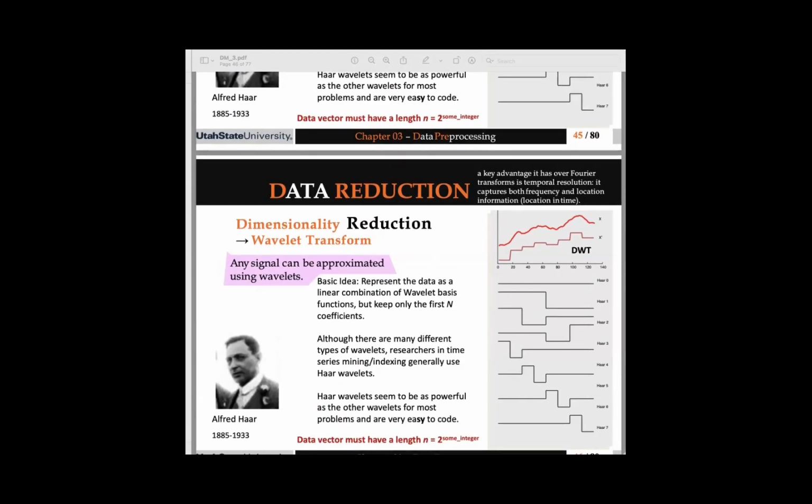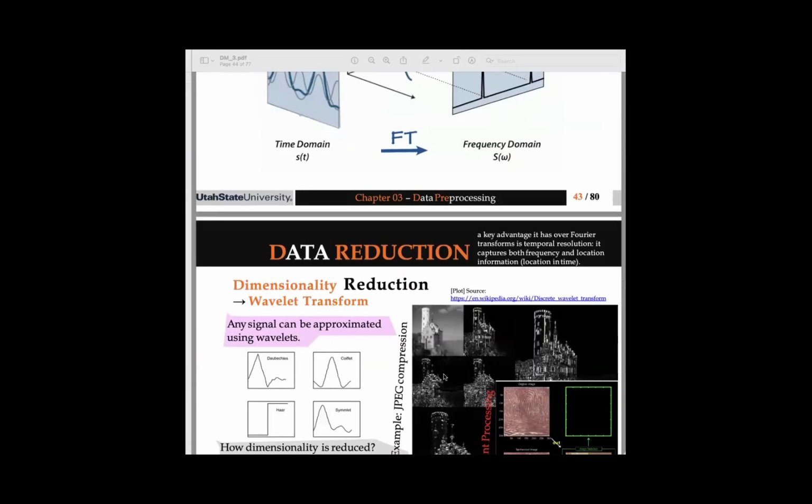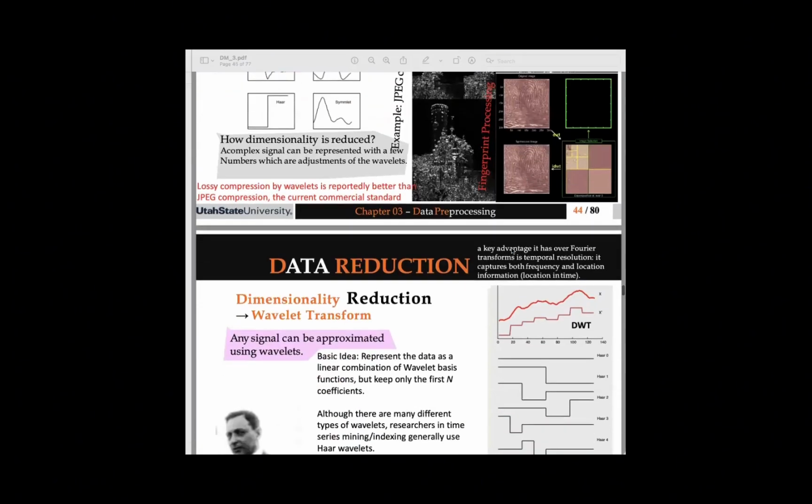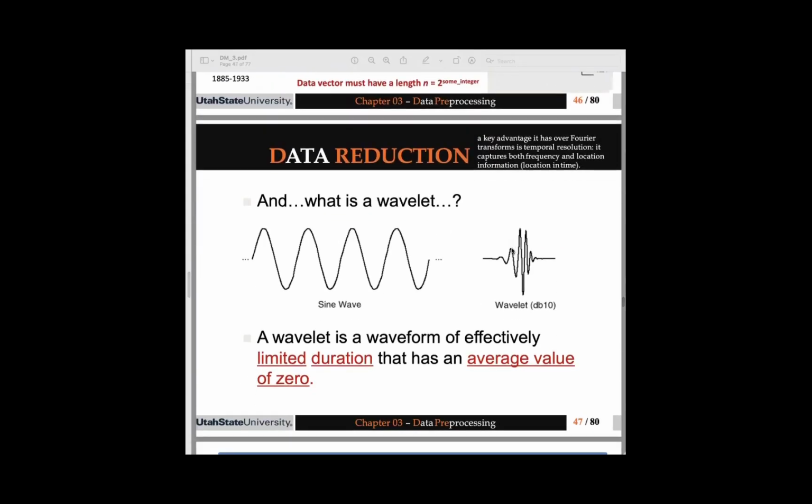So we said the limitation of wavelet is 2 to the power n. The limitation of Fourier is that it is not localized, but rather a general method which does not tell us where a particular pattern is happening unless we reconstruct the signal into its approximation x prime over here.